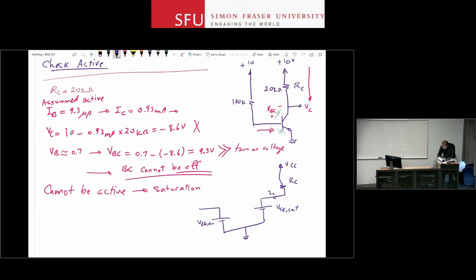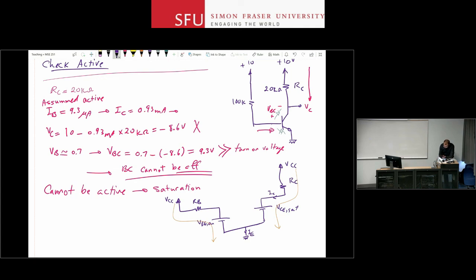On the base end, I have RB and again VCC here. Actually, you can immediately see that this circuit is much, much easier to solve than the other one. I only have two branches, but they seem to be independent from each other. I actually can write a KVL here that is independent of this KVL here. There's really no connection between the two anymore.